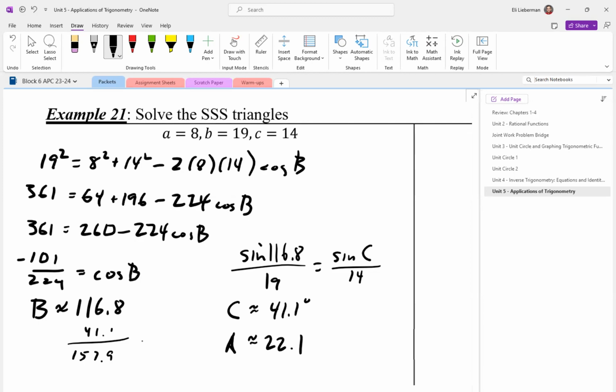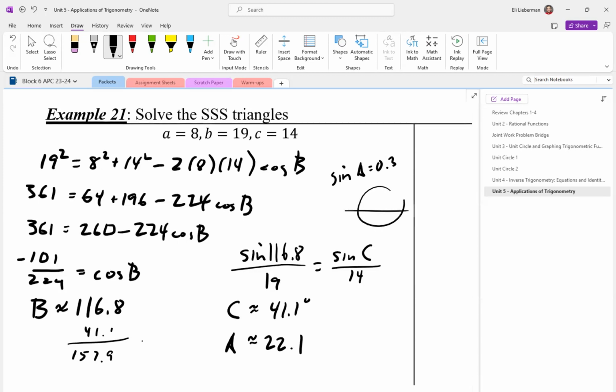Yeah, your calculator, when you use inverse sine, will always give you an acute angle. Let's say you got something like sine of A equals 0.3.